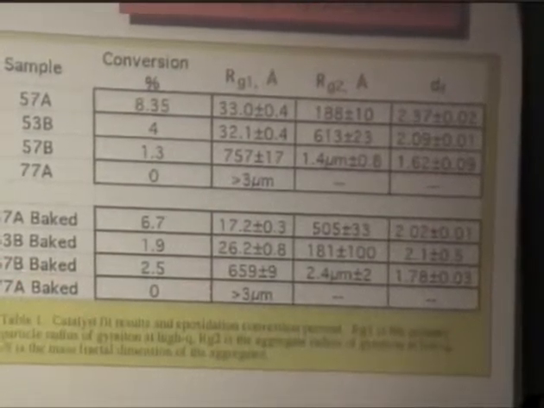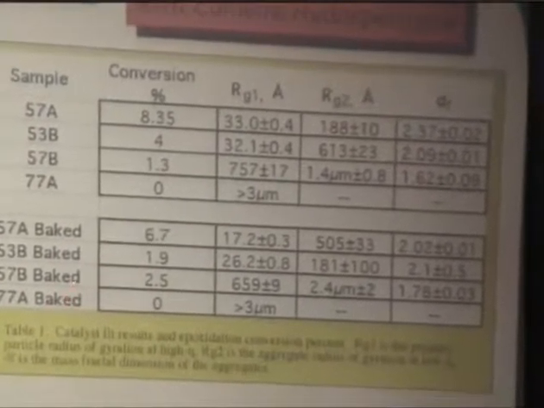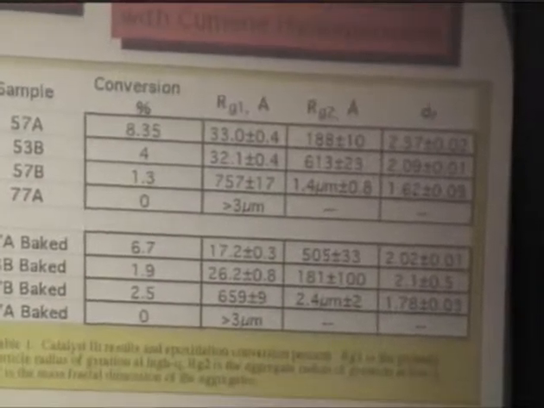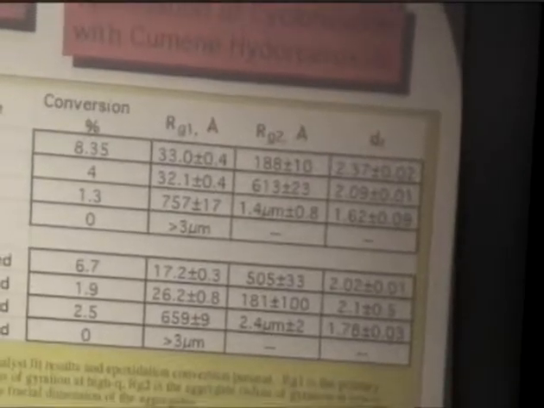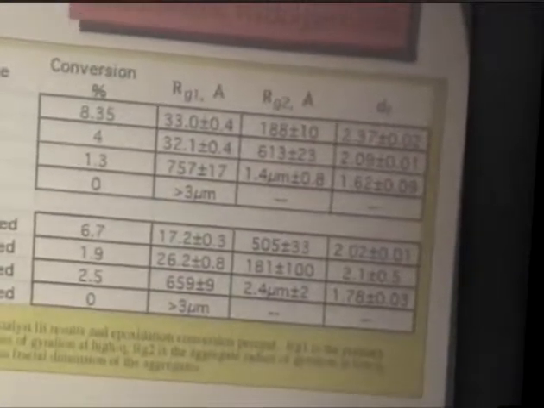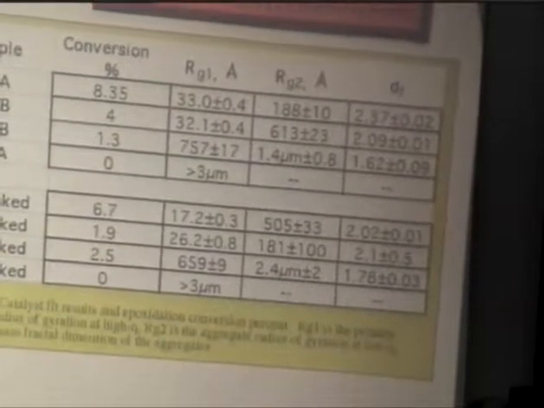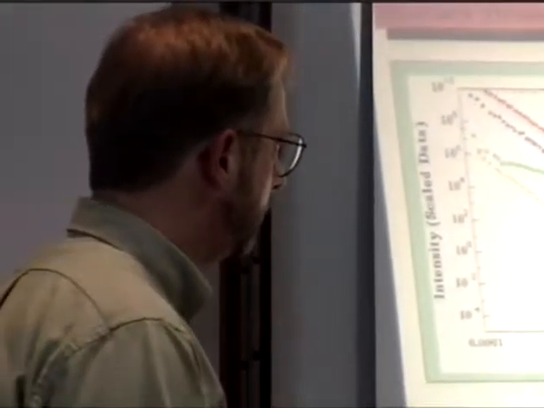Okay, so you can think about these numbers comparing the unbaked and the baked as, the way we look at it is there are organic groups at the surface that are enhancing the catalytic activity. So when you bake it at 140 for 24 hours, you basically burn off some of those, which makes the particles smaller. It's not a high enough temperature to sinter the inorganics, but it's high enough to kill the organics.